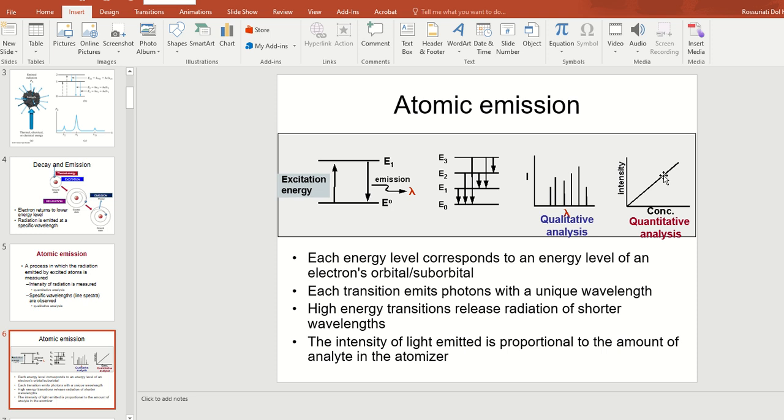Besides using it for quantitative analysis, each of the radiations emitted at a particular wavelength can also be used for qualitative analysis.